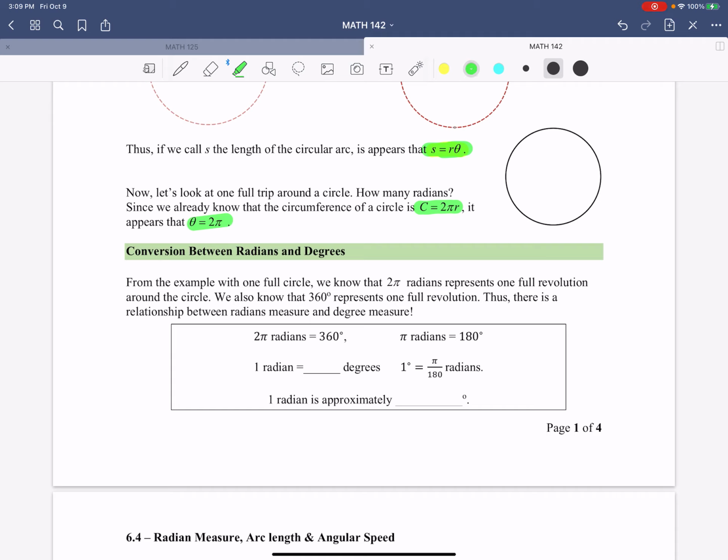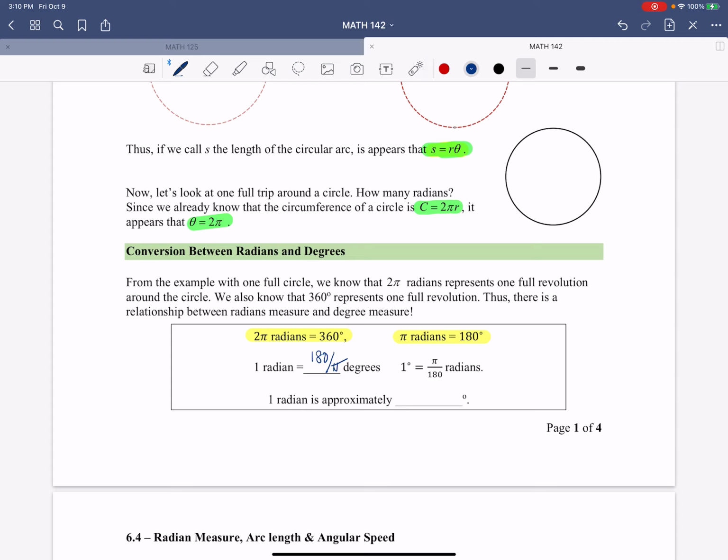If 2 pi radians is 360 degrees, if I divide both sides by 2, that means pi radians is 180 degrees. Which means 1 radian, if I divide both sides by pi, is 180 divided by pi degrees. Which means 1 degree is pi over 180 radians, just dividing both sides by 180.